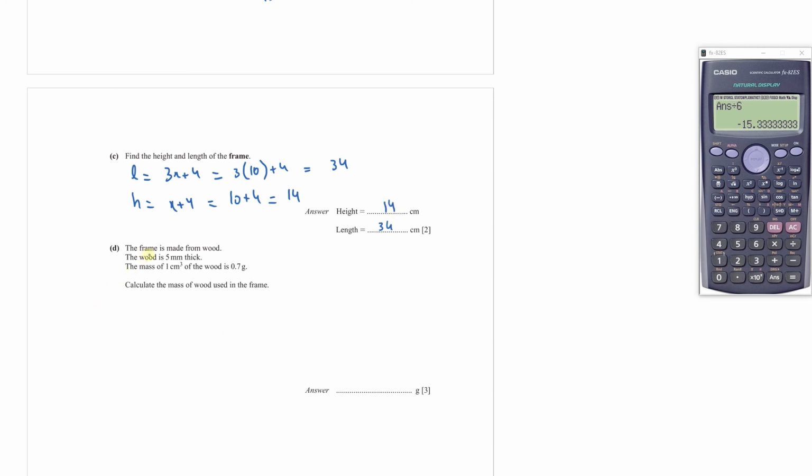Part D is the frame is made from wood. The wood is 5 millimeters thick. The mass of 1 centimeter cube of the wood is 0.7 grams. Calculate the mass of wood used in the frame. So if this is your picture and frame, let's take a look at this.